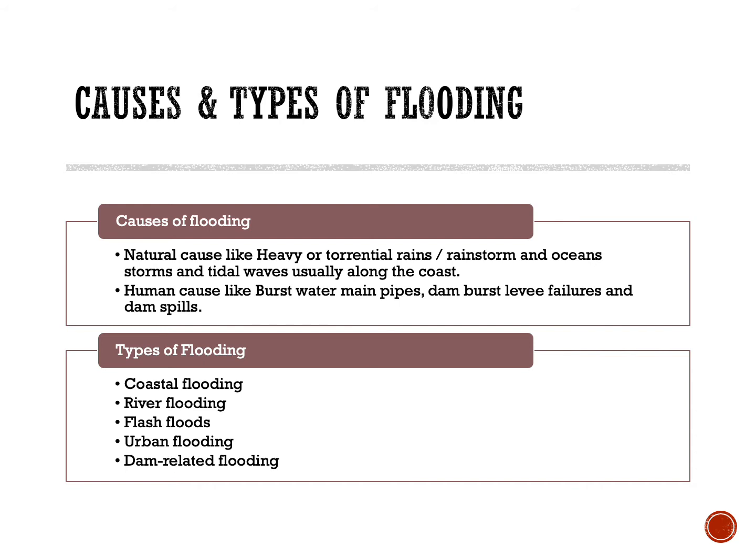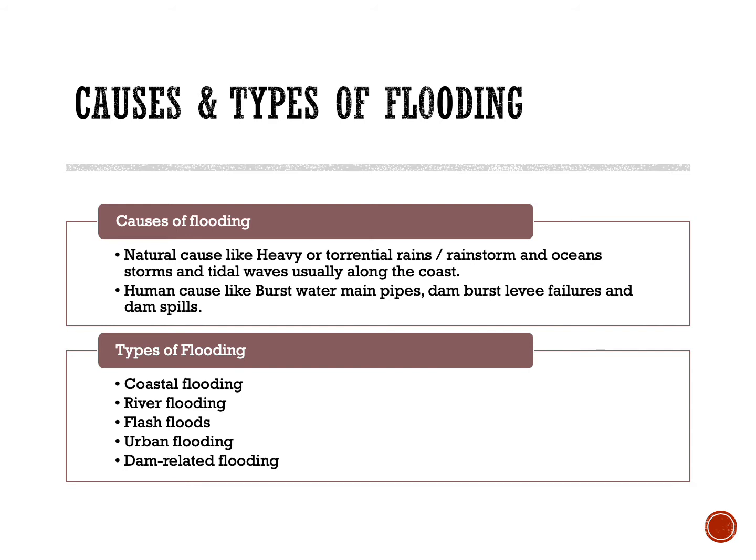But then you have human causes, like large water pipes can burst, a dam can burst, a dam can spill. Like the 2013 flooding was caused by a dam spill, issues around a dam, that then spilled and caused the flood.